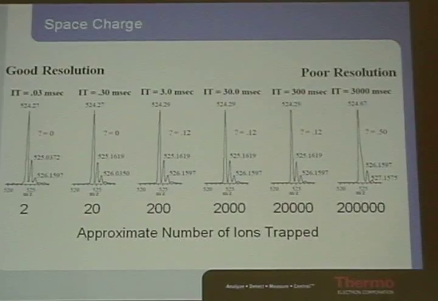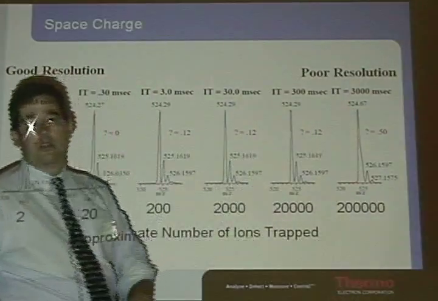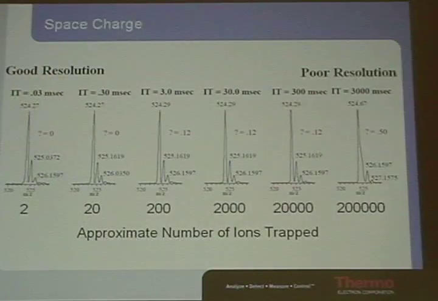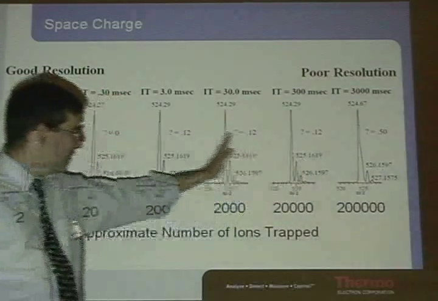Is it acceptable for you guys to be off 0.4 m over z in a linear ion trap? No, because if it's a triply charged ion, you're off almost a Dalton and a half. Okay, and you guys would be calling me on the phone. So the problem I have to solve is how do I maintain less than 20,000 ions in the trap? Okay, how do I stay right here?